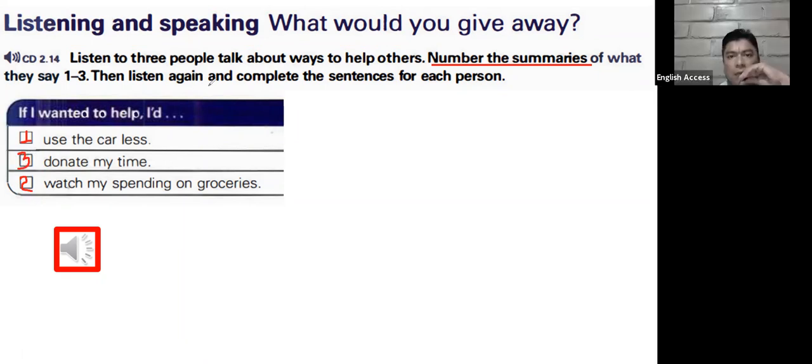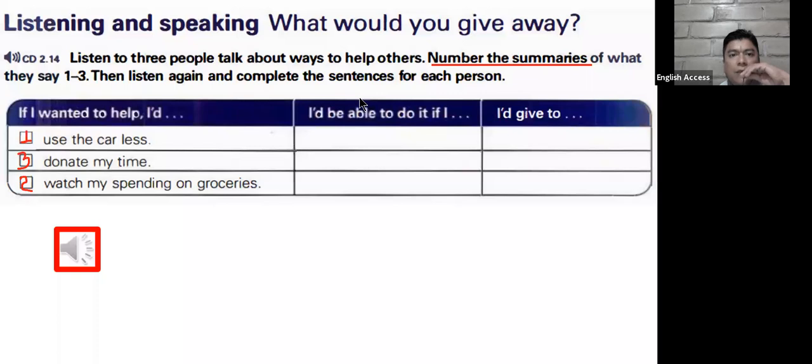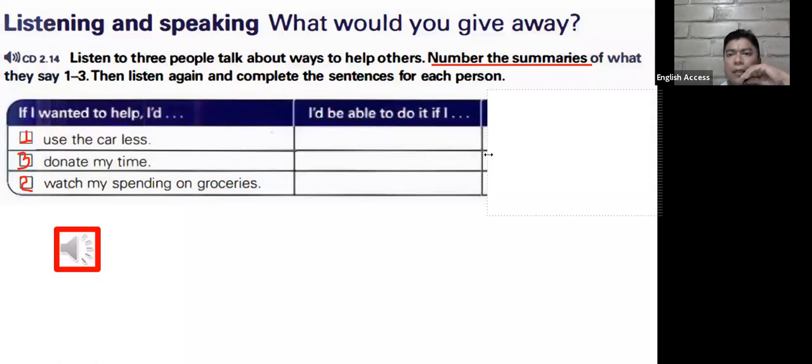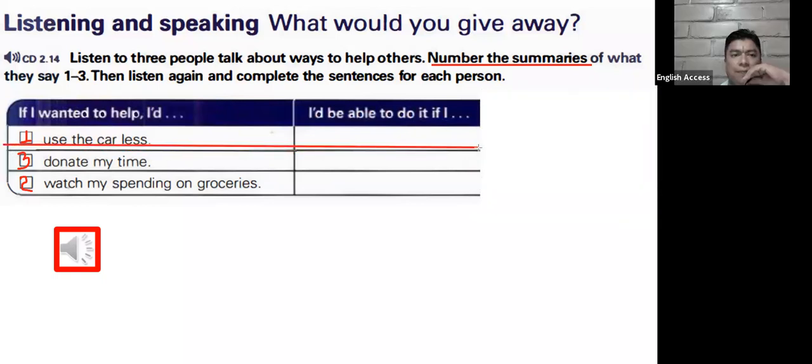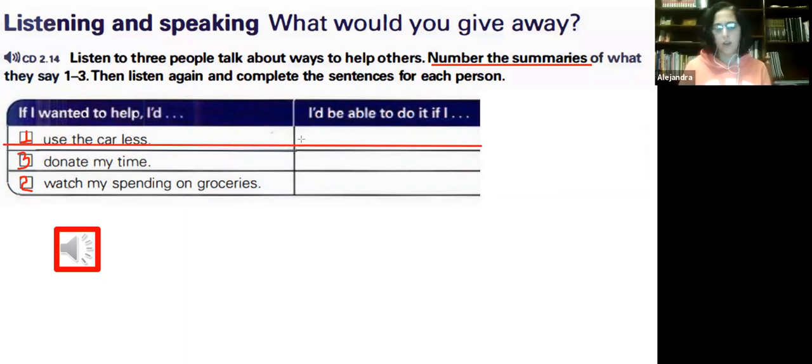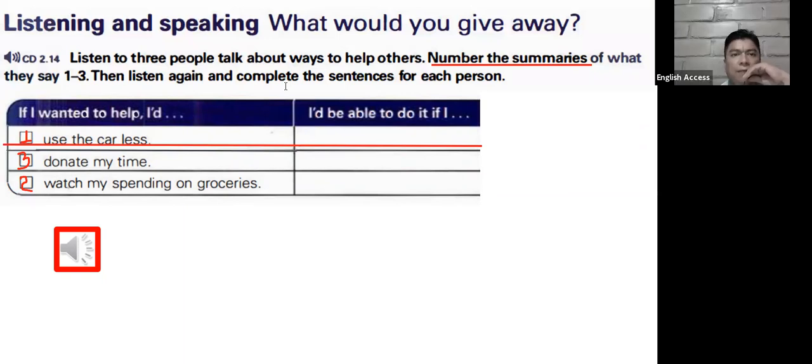All right. So the next thing we're going to do is check the next box. I'd be able to do it if, number 1. What did she say? I'd be able to do it if I rode my bike. It's in first person, okay? The exercise is first person.